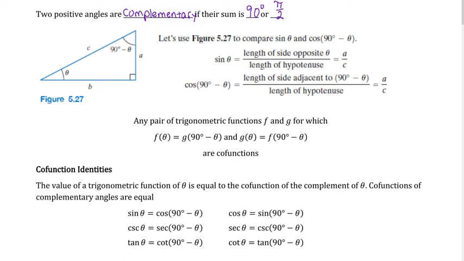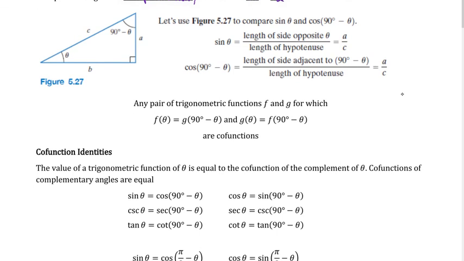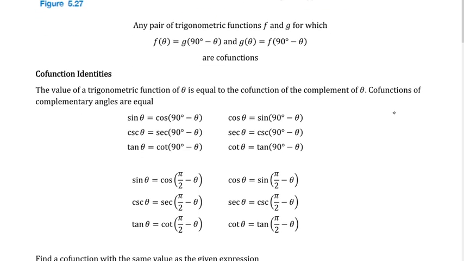But what we want to keep in mind are these cofunction identities. We're going to be looking at a couple other identities, so we have to keep them separated in our mind. With our cofunctions, sine theta equals cosine of 90 degrees minus theta, and we can replace 90 degrees with pi over 2.